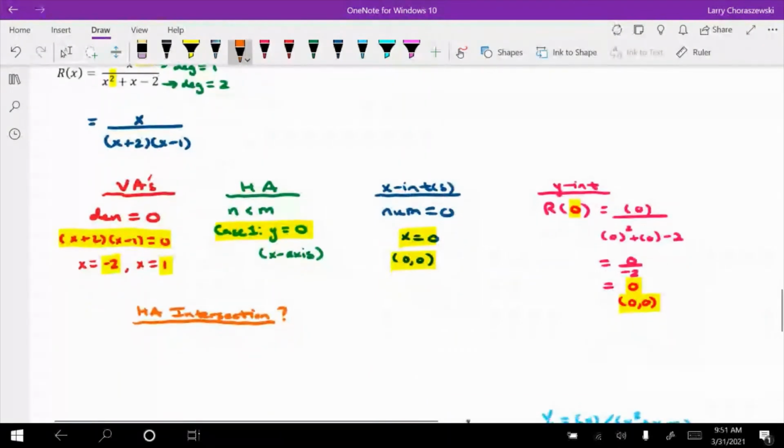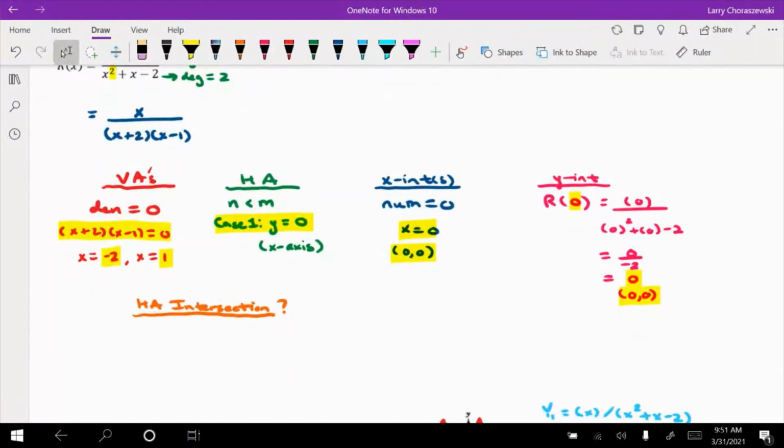Now, whether or not the graph intersects the horizontal asymptote, we'll do this together by setting the standard form version equal to the value of the horizontal asymptote, which is 0. And we'll clear out the denominator by multiplying each side by it.